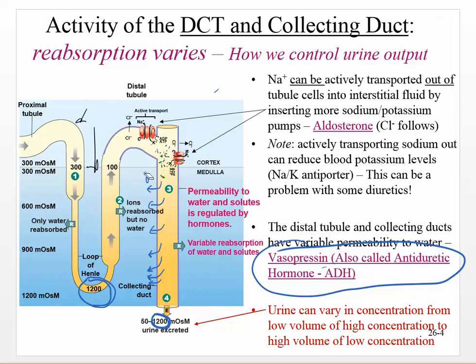If we don't let the water out, and let's say we're pulling salts out still up here in the distal tubule, but we don't allow the water to leave as well, then all of that water stays in the urine, and we have very dilute urine. And we've all seen it. You see the different colors of yellow when you're assessing someone. And you look at their urine, you can say, okay, well, this urine is very clear. There's hardly any yellow color to it at all.